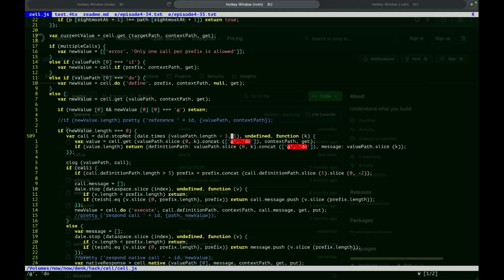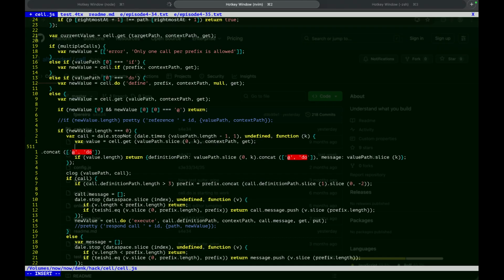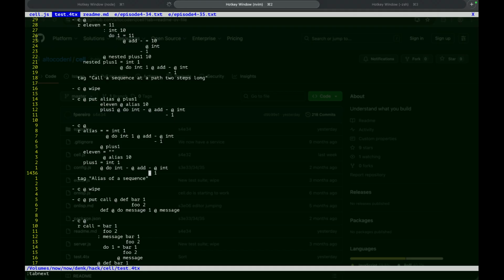So what we're going to do is this. You can just basically slide over the equals. How many equals do you need to slide?